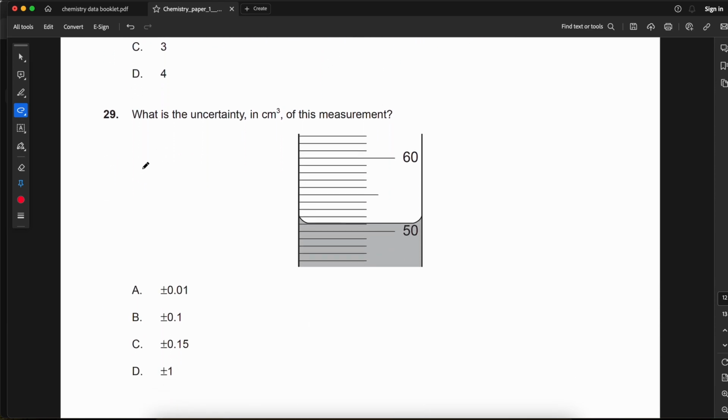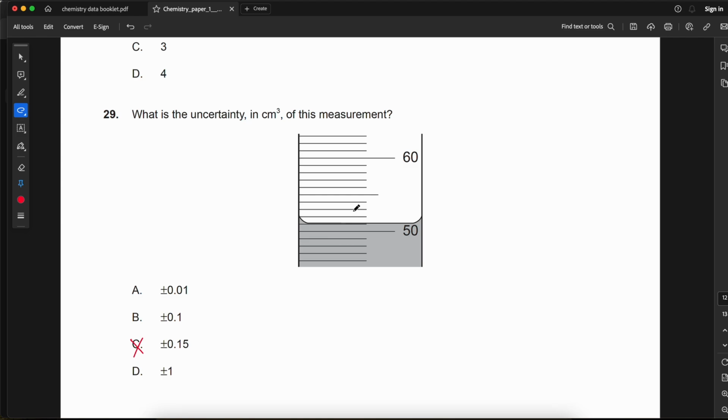Number 29, what is the uncertainty in centimeter cube of this measurement? Okay, so based on the IB markscheme, the answer is C. But the smallest graduation is 1 centimeter cube, because it's 50 to 60. It has 10 ticks on the scale from 50 to 60, and the rule of thumb is uncertainty is half the smallest division.